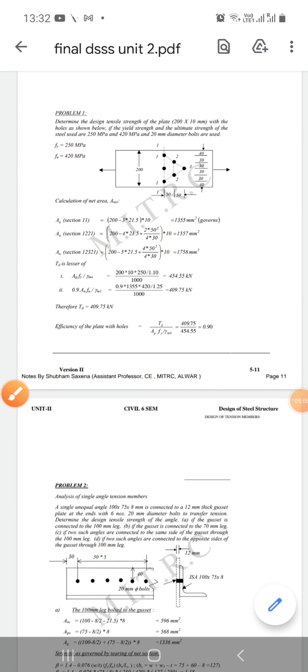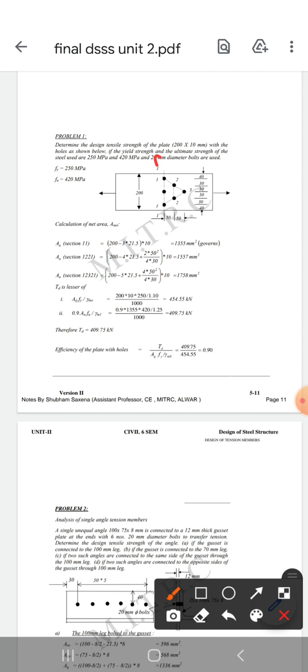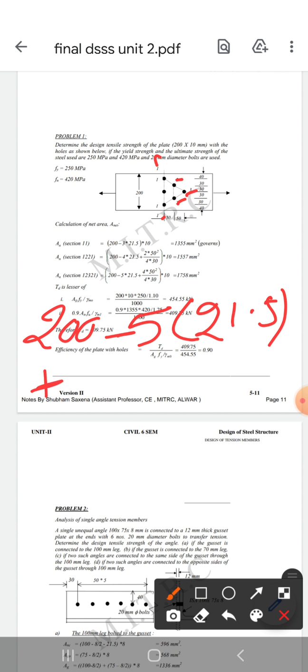In the third case, the path is 1 2 3 2 1. So total number of bolt holes are 5. Total width is 200 minus 5 bolt holes, 21.5, plus how many staggered pitches are there: 1, 2, 3, 4. 4 staggered pitches are there.